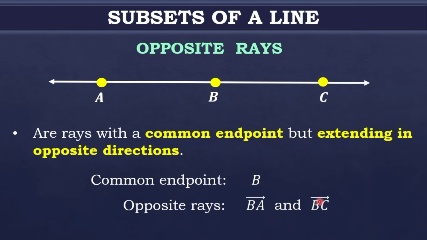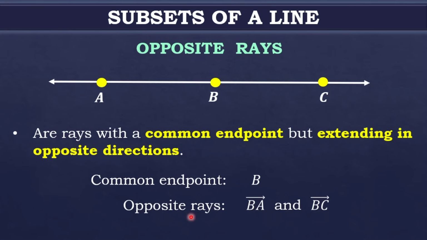Kung ray CB, nauna si C dito, di ba ang sabi natin, kapag ray, dapat laging nauuna si endpoint. So, kung CB ang ilalagay mo dito, ibig sabihin, yung endpoint nito ay C, ito ang endpoint niya ay B. So, wala silang common endpoint. Okay? So, tatandaan na kapag sinabi natin common endpoint, dapat endpoint, siya yung nasa unahan.